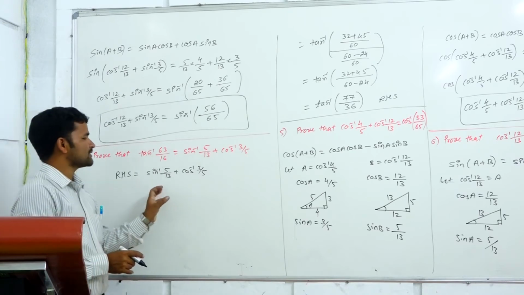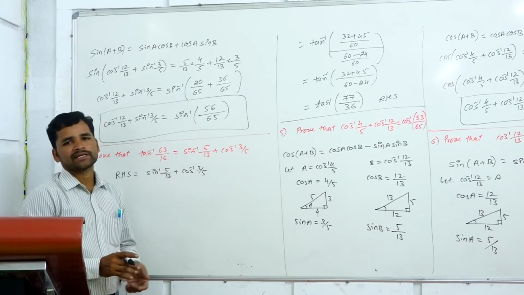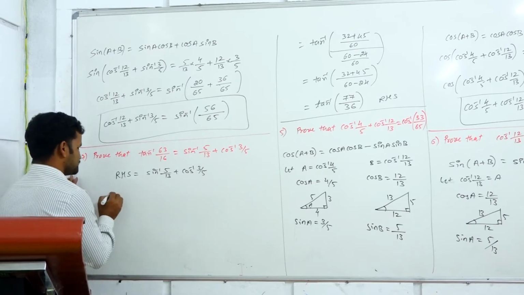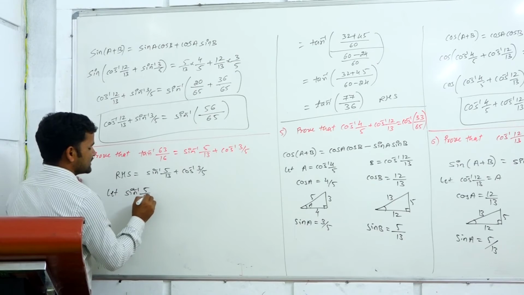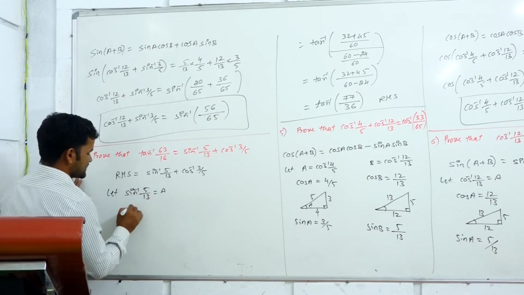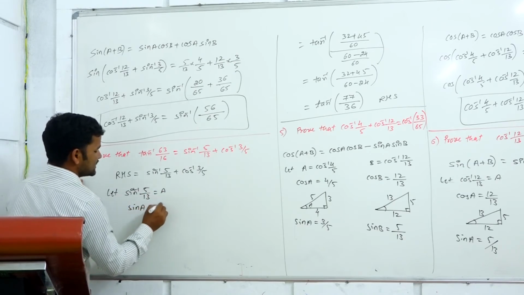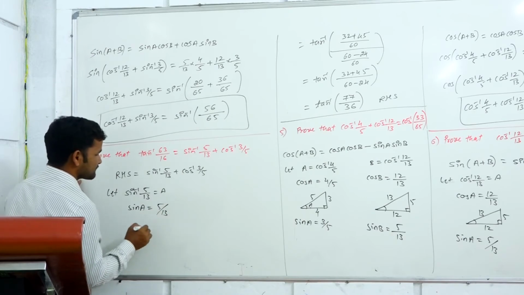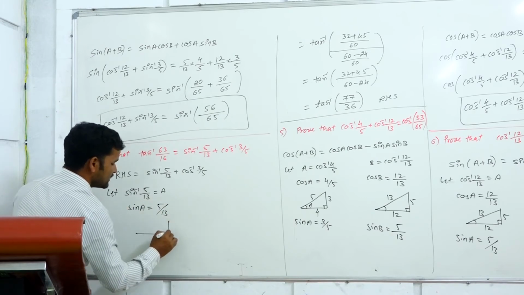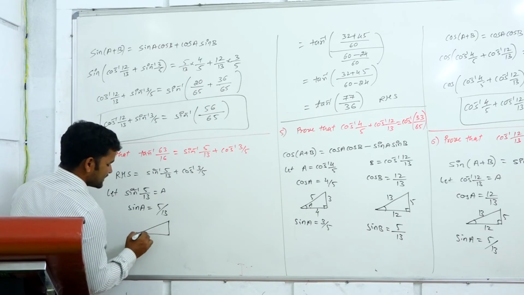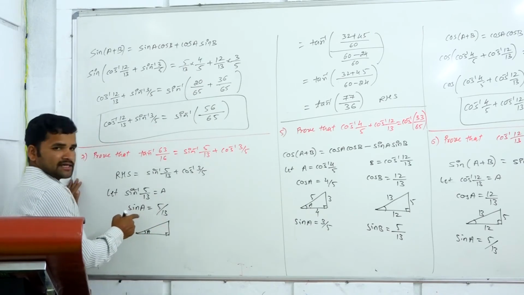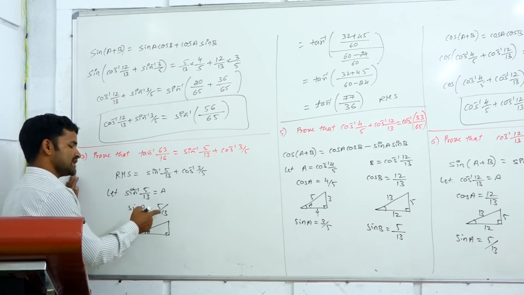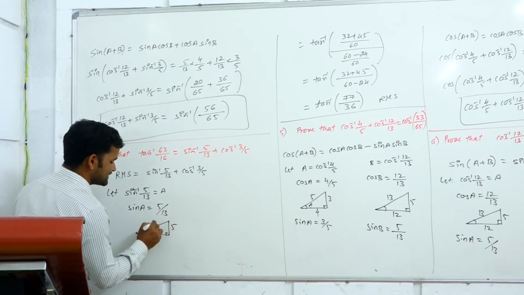Better what you do, you convert these two terms in terms of tan inverse. For that, let sine inverse of 5 by 13 be equal to A. This is nothing but sine A is equal to 5 by 13. We want tan values. You put it in a right angle triangle with A here and here is the right angle. Sine A is the ratio of opposite side to hypotenuse, 5 by 13.